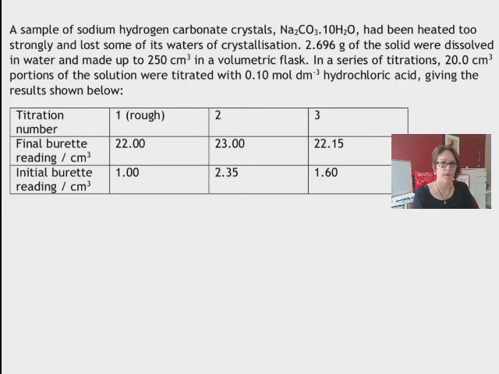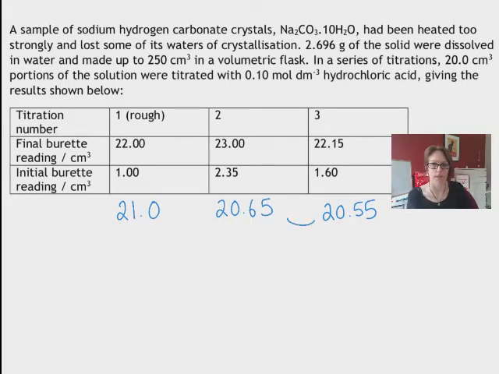So that's the next thing I'm going to do, is just simply take away the initial reading from the final reading to work out my 3 volumes of acid. Because it might be that I don't want to include all of those volumes in my actual calculations. This is the most likely place you may have lost a mark, by assuming that we add all 3 and divide by 3.